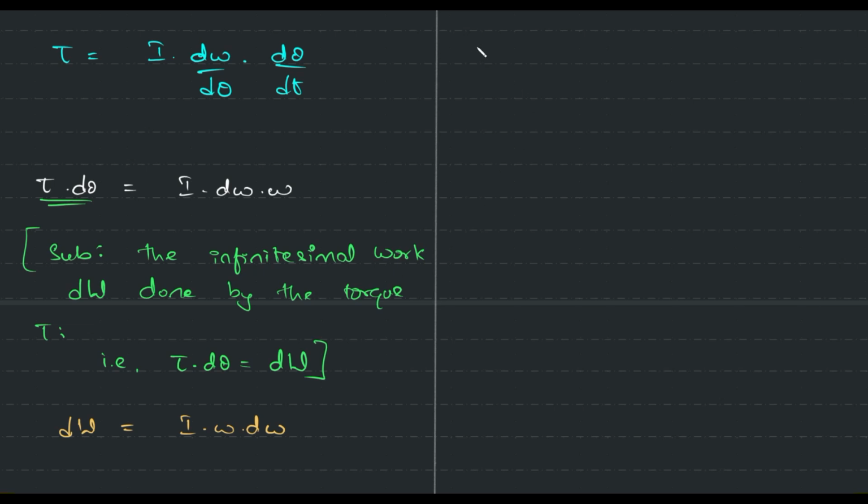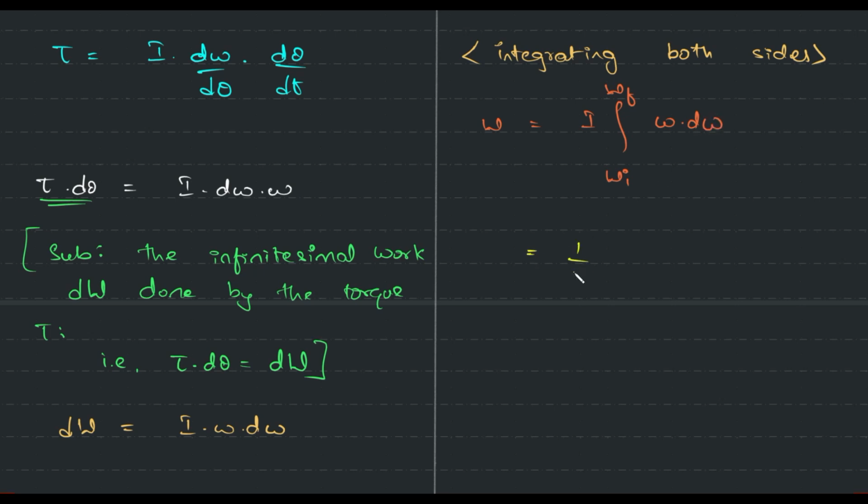Okay, now we will integrate both sides. So if I add up all the work, that's what my LHS is, I'll get work. And we have I, which is constant. So my velocity changed from omega i to omega f, and we have omega d omega.